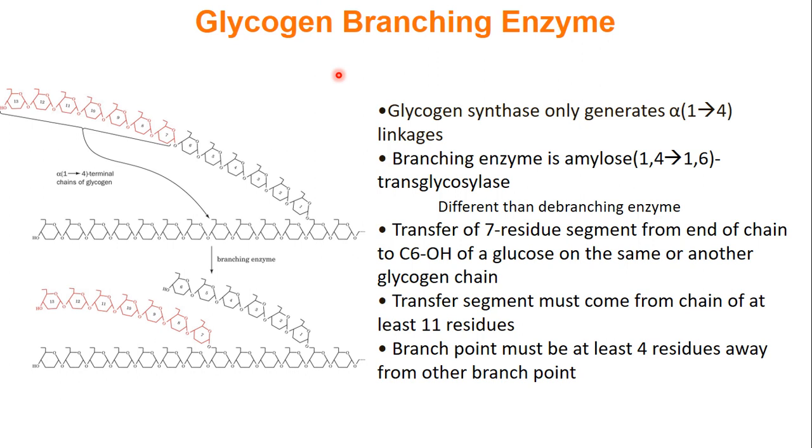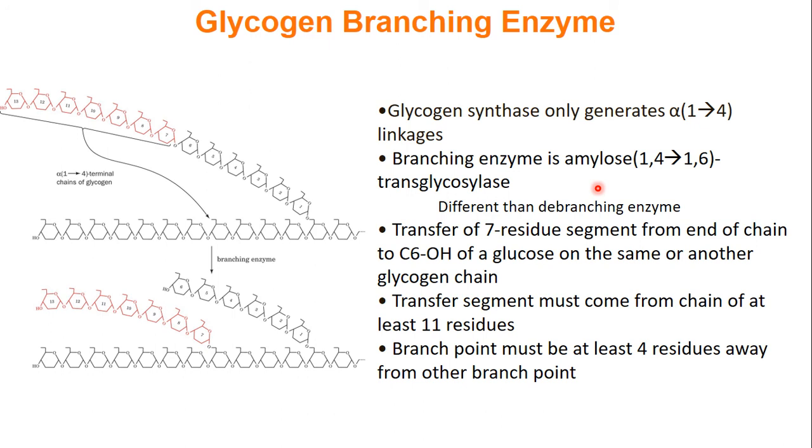However, hopefully we know by now glycogen is a branched molecule, and glycogen synthase only adds alpha-1,4 linkages. It doesn't make branches. To make branches, we need a different enzyme, and that enzyme is a transglycosylase, specifically amylo-1,4-1,6-transglycosylase.